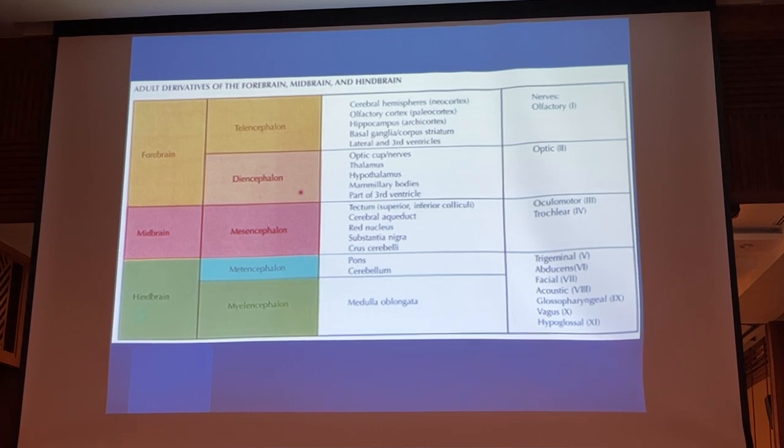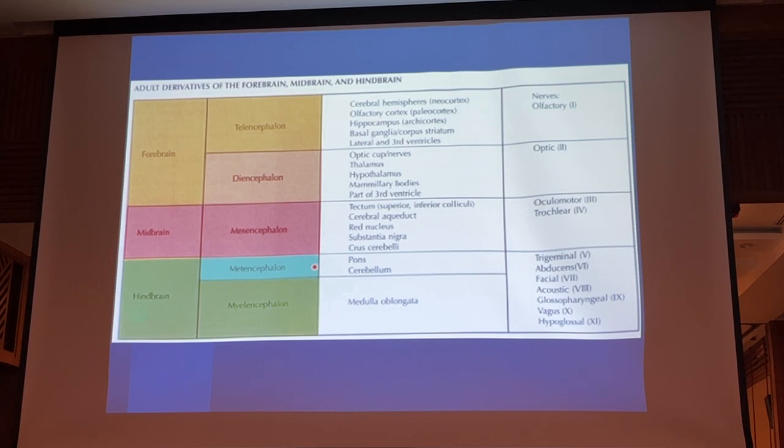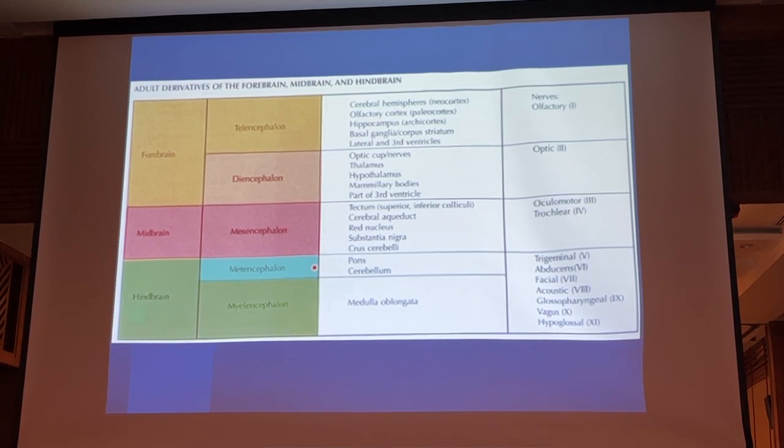The diencephalon gives the optic structures, thalamus, hypothalamus, mammillary bodies, and part of the third ventricle. Mesencephalon gives the tectum, cerebral aqueduct, red nucleus, substantia nigra, and cerebral peduncle. Metencephalon becomes the pons and cerebellum, and the myelencephalon becomes the medulla oblongata. These are the structures developing from the three usual embryonic vesicles.